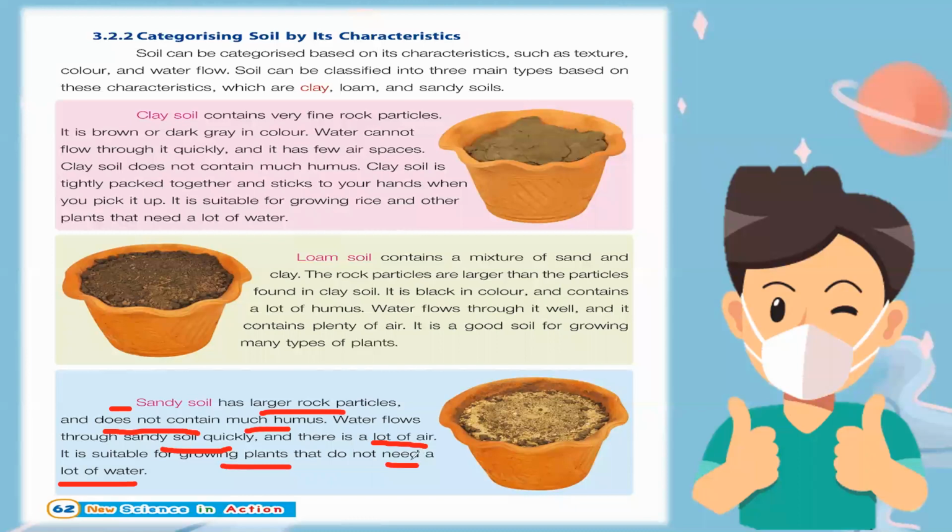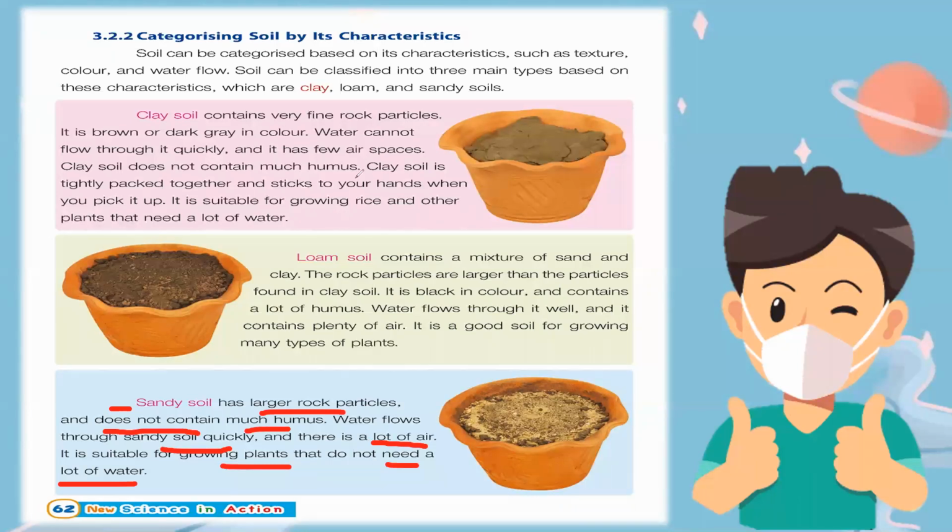So students, sandy soil has larger rock particles. Apart from that, it doesn't contain much humus, and the flow of water is quick. They also have a lot of air, and mostly sandy soil is used for plants that don't require too much water.